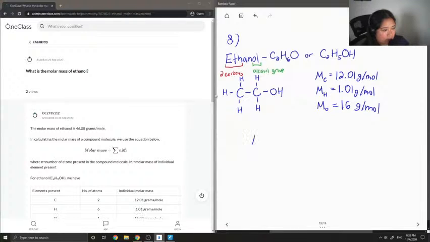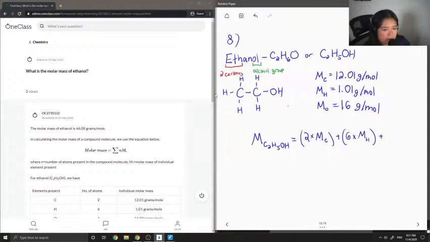So finally, if we wanted to find the total molar mass of ethanol, C2H5OH, it is going to be the molar mass of carbon times 2, plus the molar mass of hydrogen times 6, since there are 6 hydrogen atoms in ethanol.